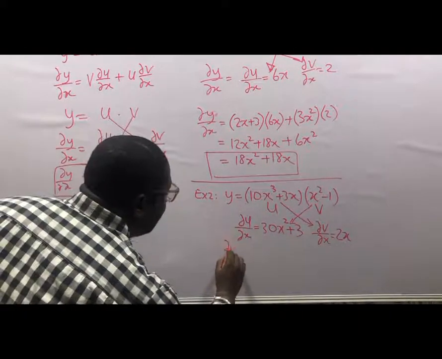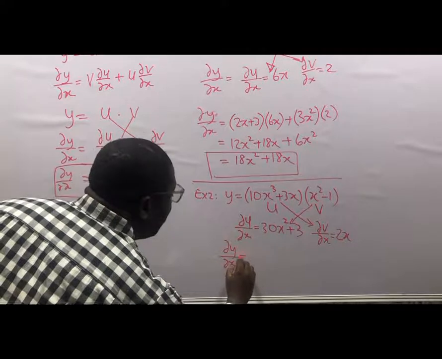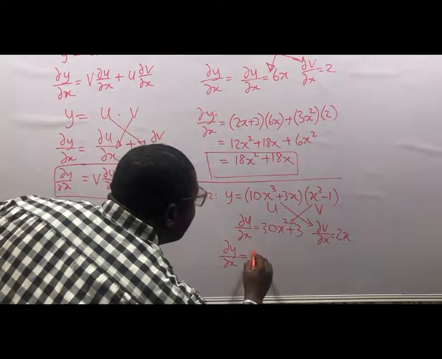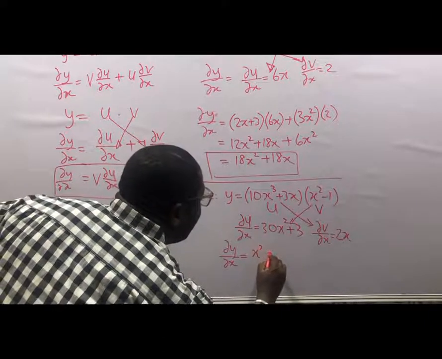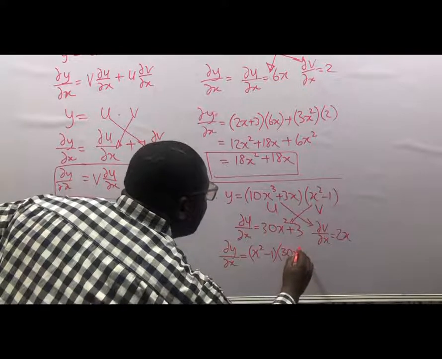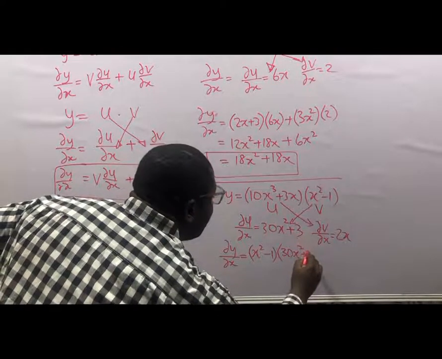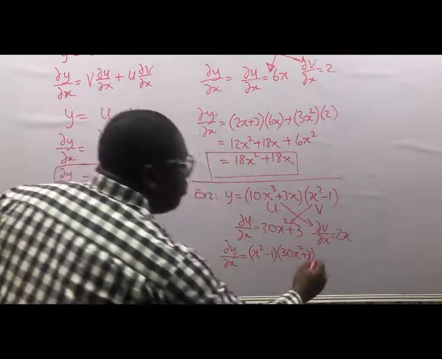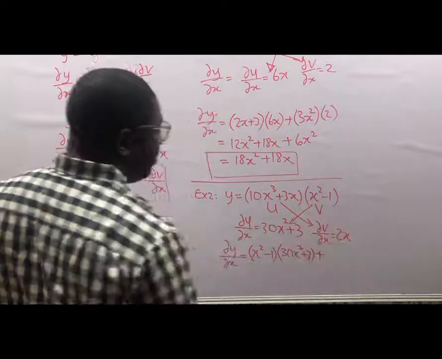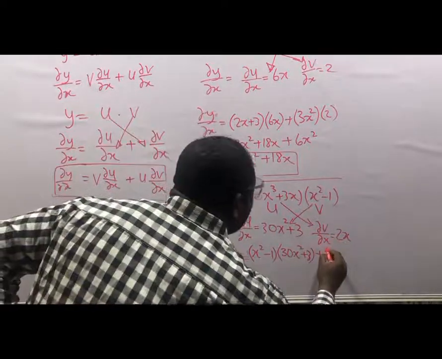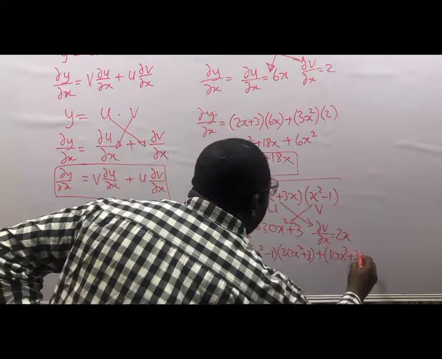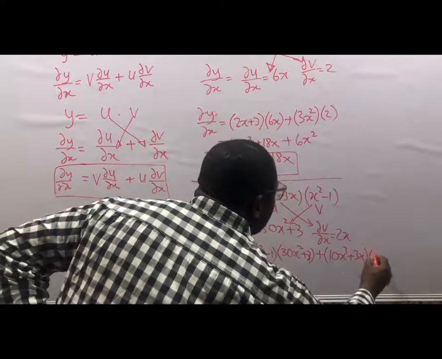So our answer becomes dy dx will be, we'll have x raised to the power 2 minus 1 times 30x raised to the power 2 plus 3, close bracket, plus we'll have this times this. So this will be 10x raised to the power 3 plus 3x times 2x.